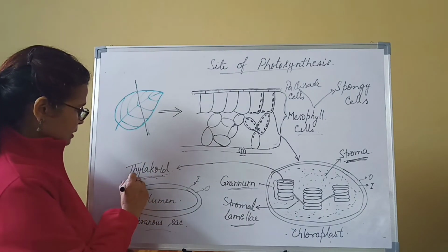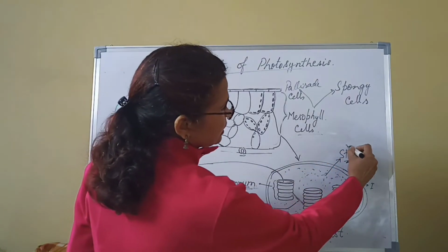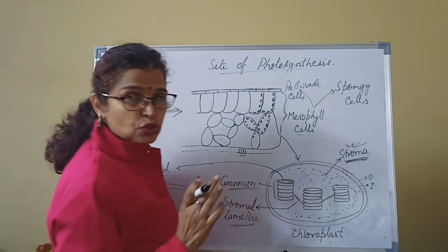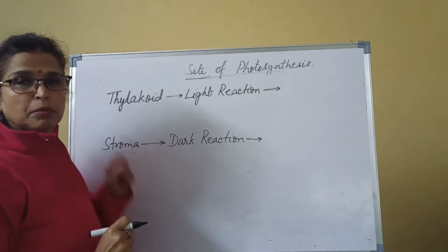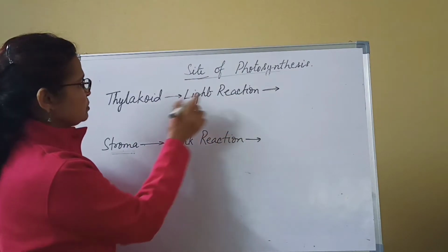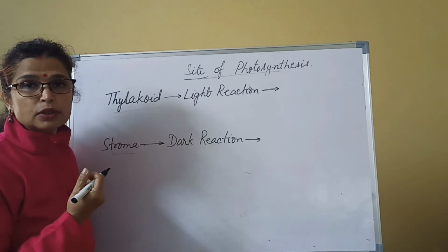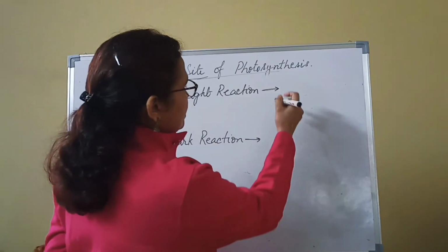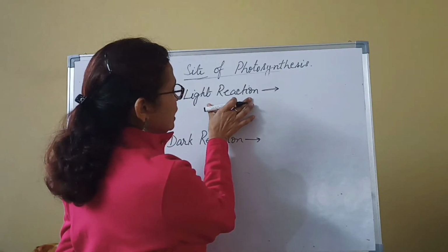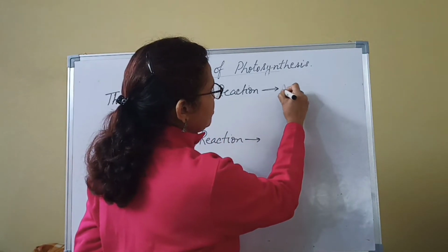The light reaction takes place in the thylakoid and the dark reaction takes place in the stroma. Thylakoid is a membranous sac-like structure where the light reaction takes place, meaning thylakoid is responsible for trapping the solar energy.